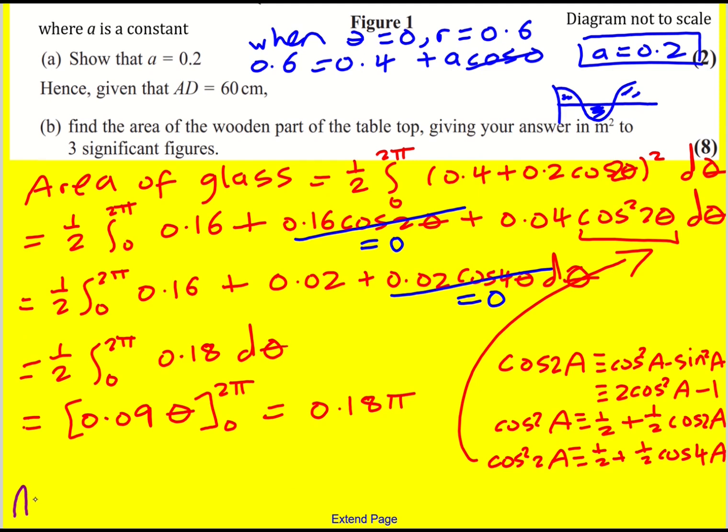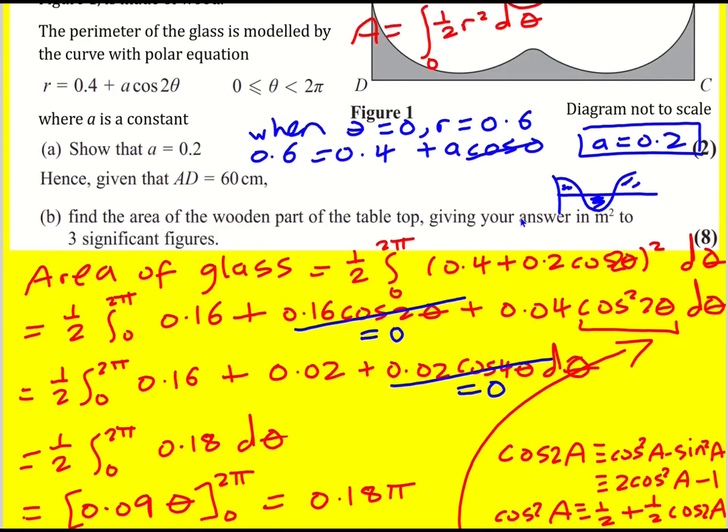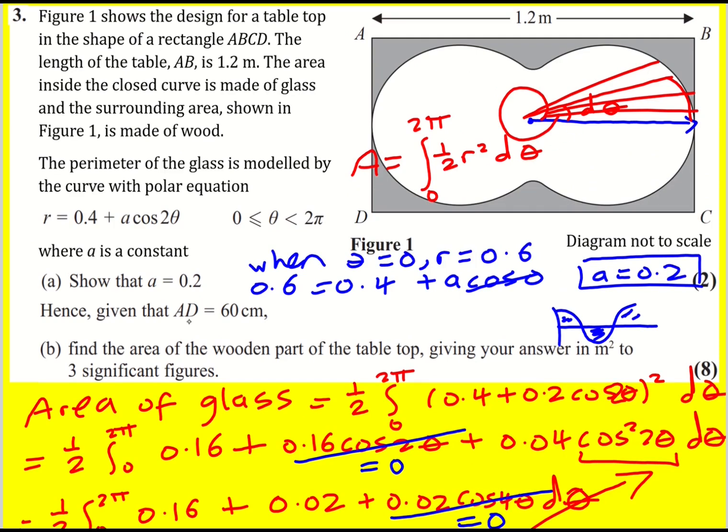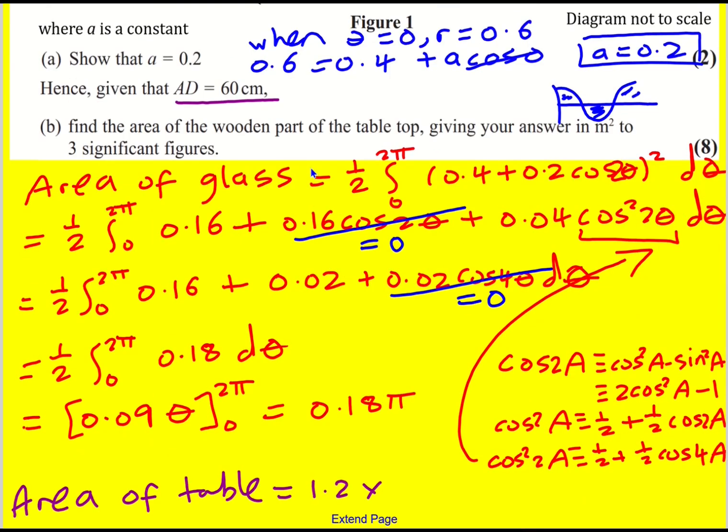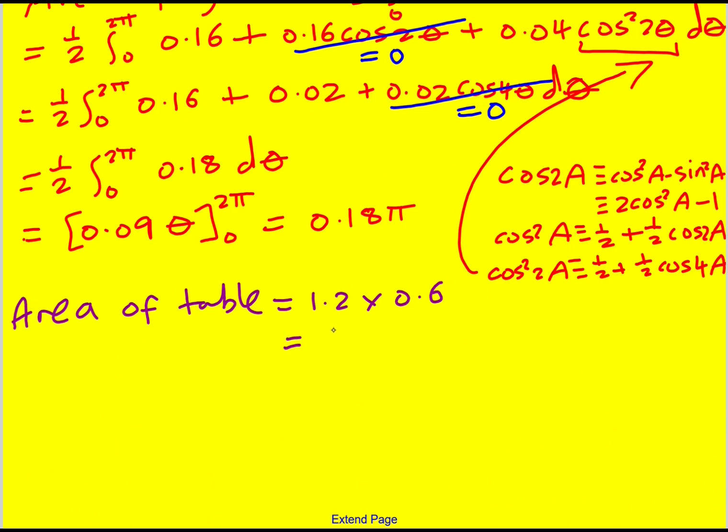Okay, so then the area of the table. AB was 1.2, that was the length, and we're told here that AD is 60, so in meters that's 0.6. So 1.2 times 0.6 is 0.72. And we're one step away.